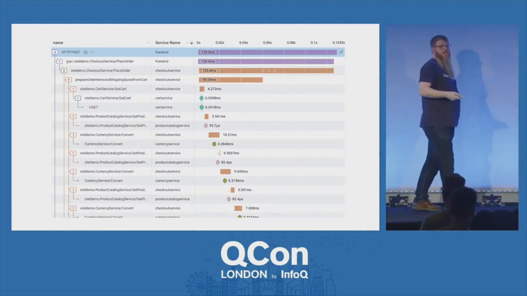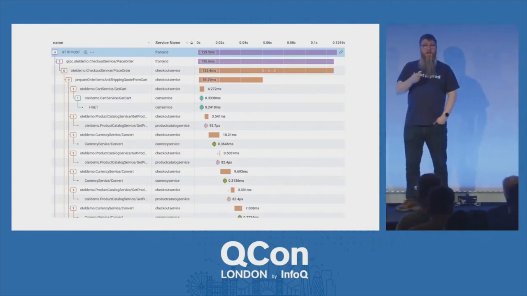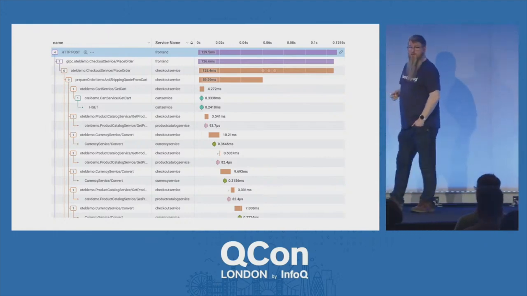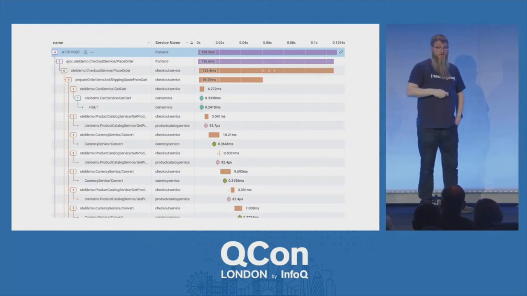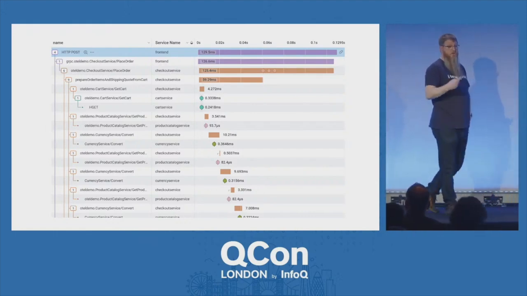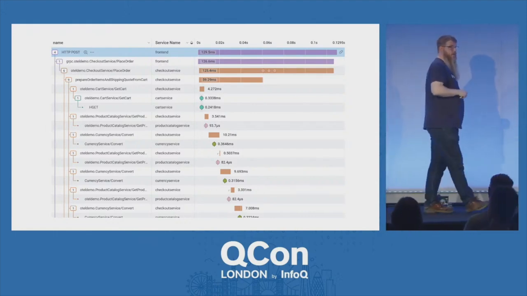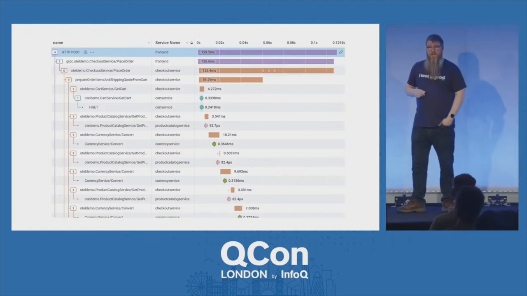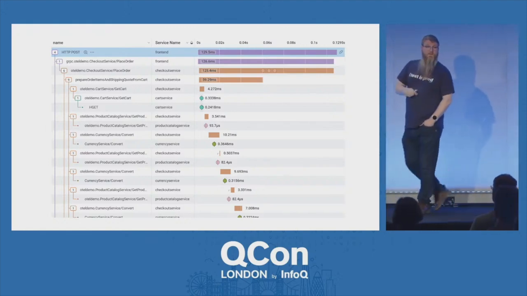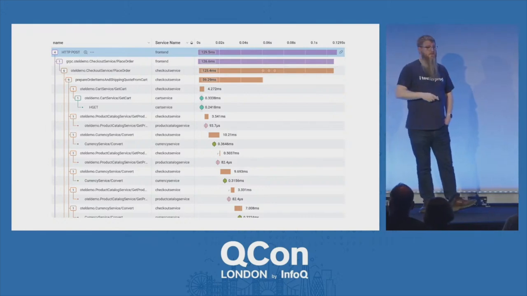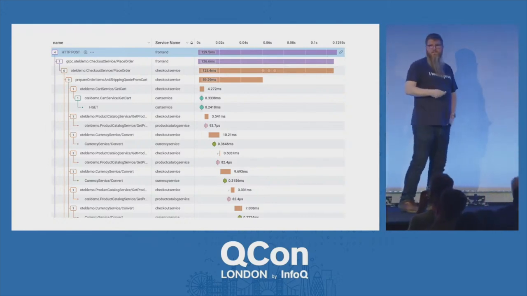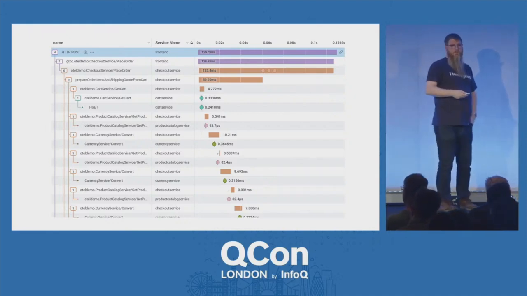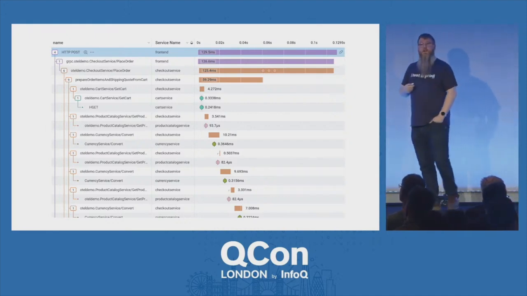But you as an engineer, someone who's supporting that system, may care about either the whole waterfall or just some individual sections of that waterfall. You may just care about your service, your checkout service. Maybe that's the one that you're looking after. Maybe the cart service. Maybe you're looking after 2 of those services. This is what allows us to see in a system state. And this is what we see when we're in production.